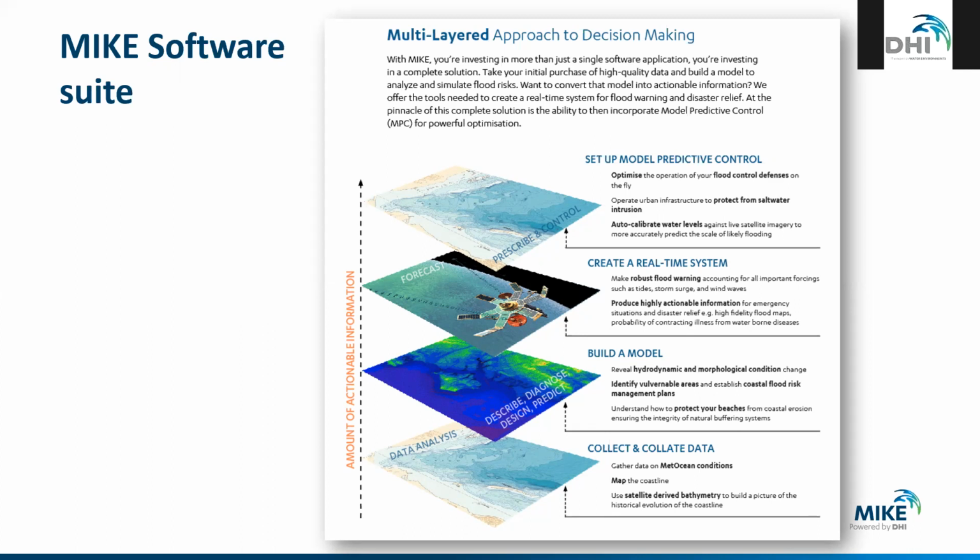And that's where the MIKE Operations decision support platform comes in. It allows you to take that model that you built, using the data that you got, and operationalize it.